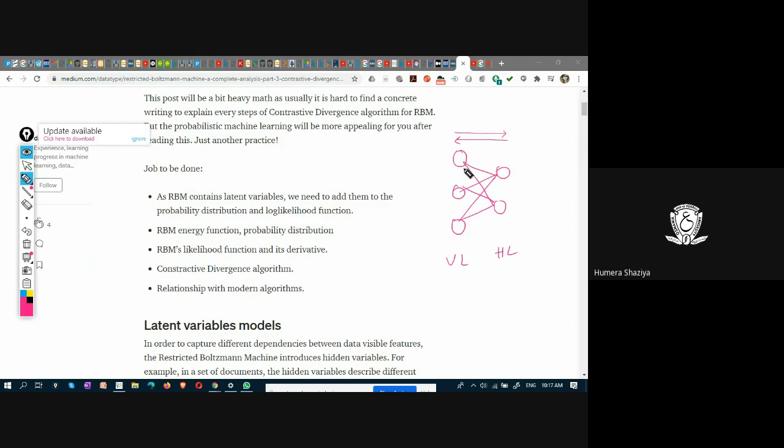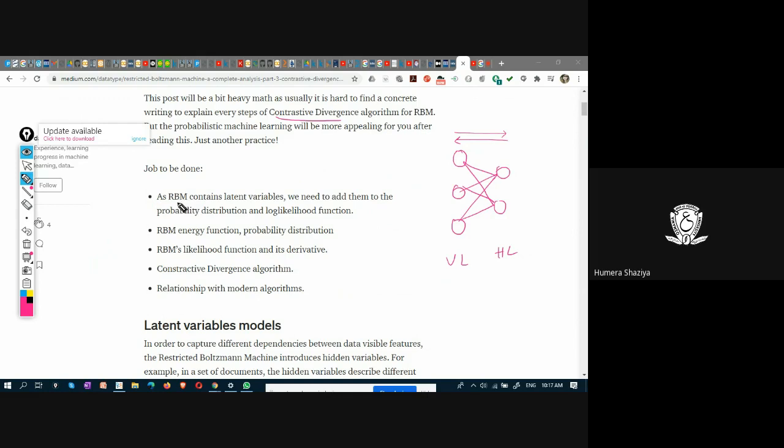Later, if the actual input and the generated input from the encoded form are matching, it means that the RBM has learned the representation. Otherwise, this process continues until it converges. That is what we will study now, the steps of the contrastive divergence algorithm for restricted Boltzmann machine.